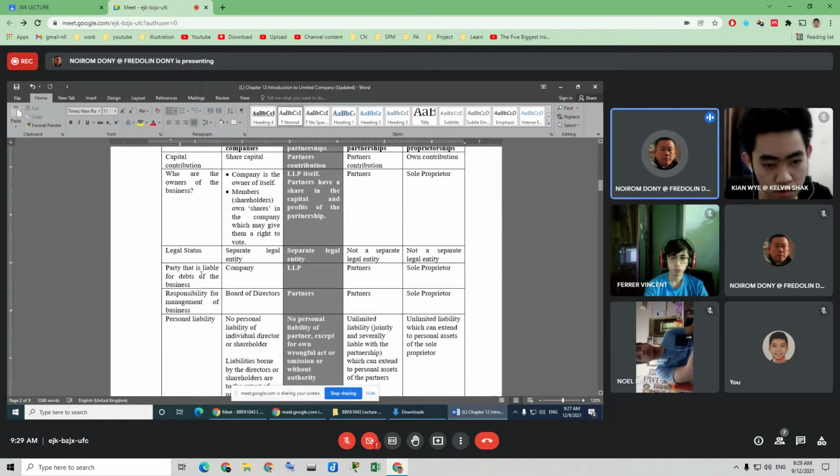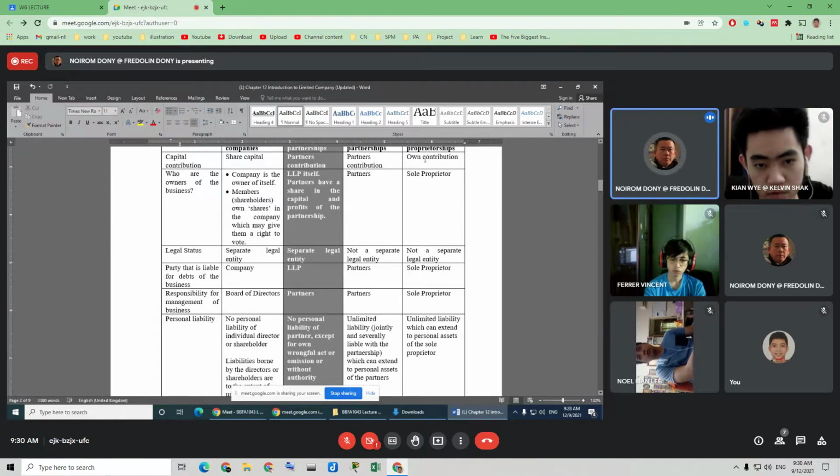Now, the party that is liable for debts of the business. Debts, meaning if the business fails, and there are not enough assets to pay for all the payables, who is liable or responsible for the debts? For a company, because of the separate legal entity, the company is responsible for the debts. For a limited liability partnership, the limited liability partnership is responsible.